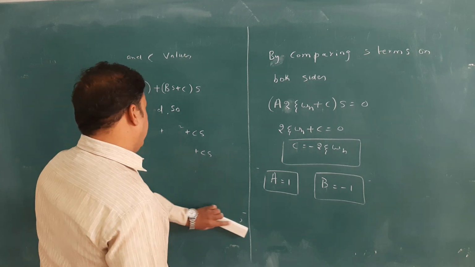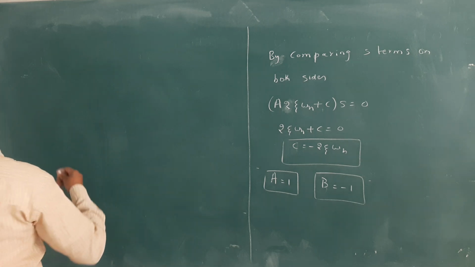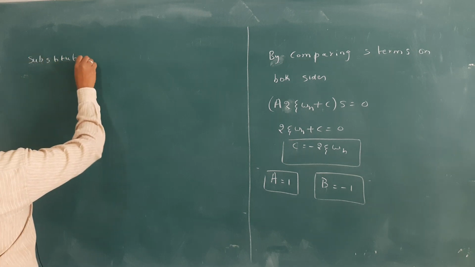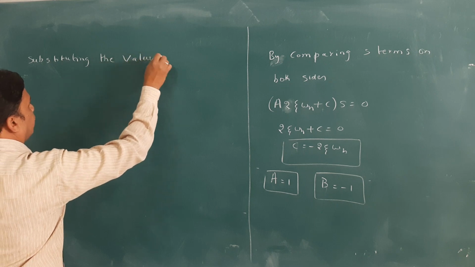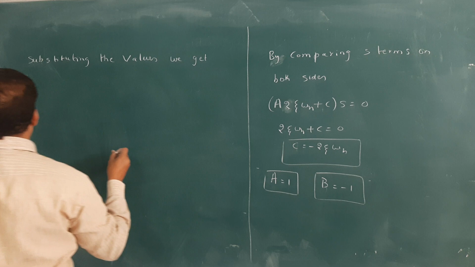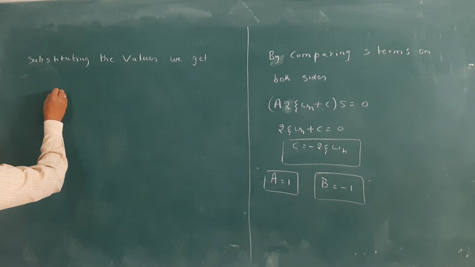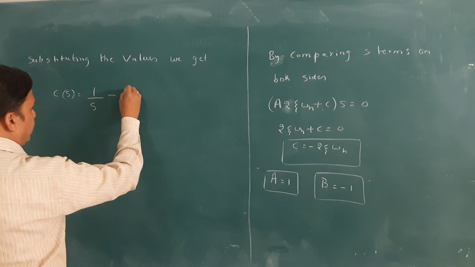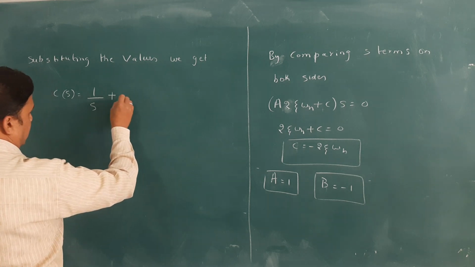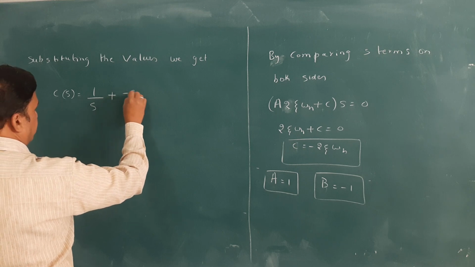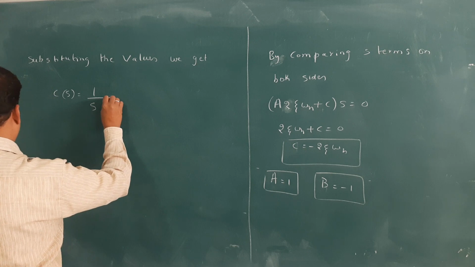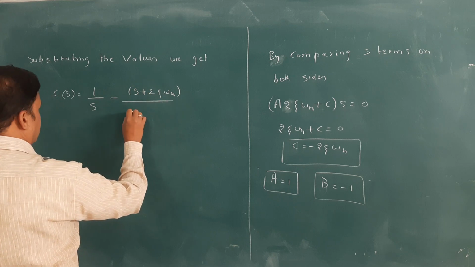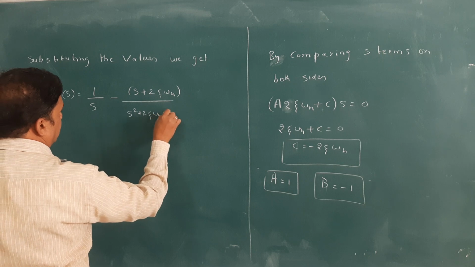Now substituting these values in the main equation, we get C of s is equal to 1 by s minus (s plus 2 zeta omega n) divided by s square plus 2 zeta omega n s plus omega n square.